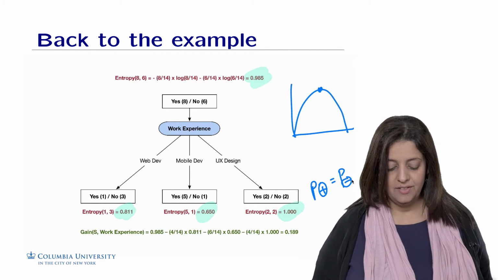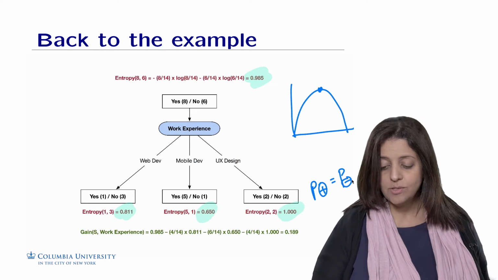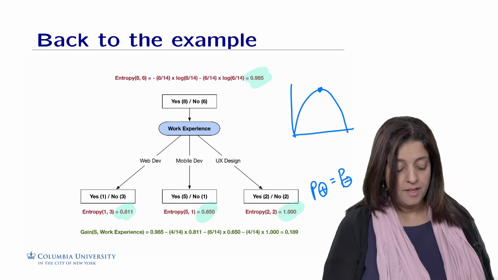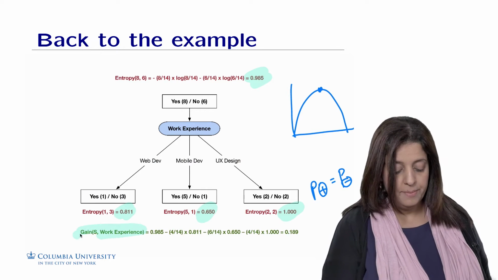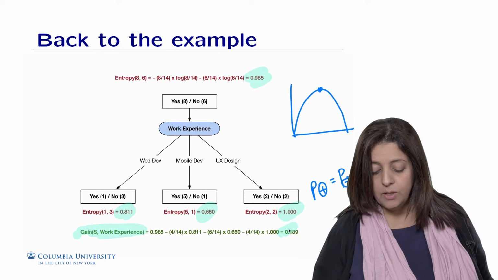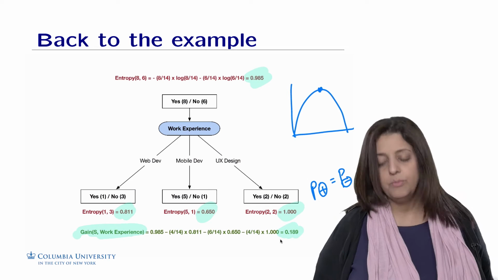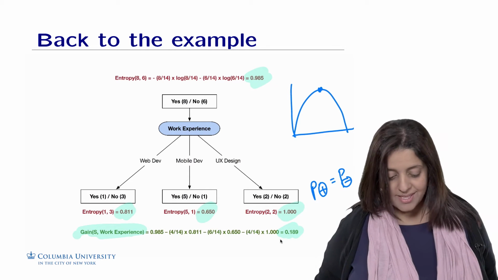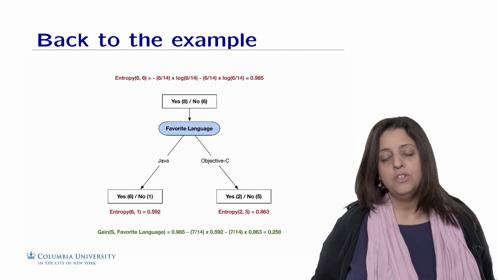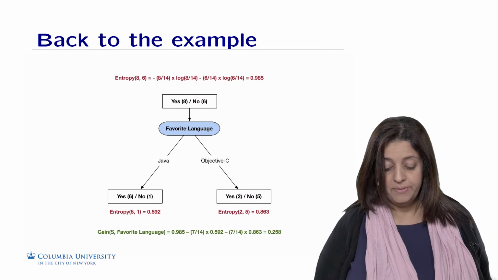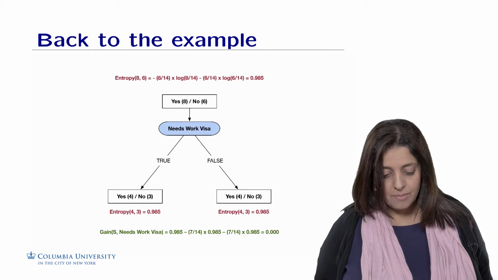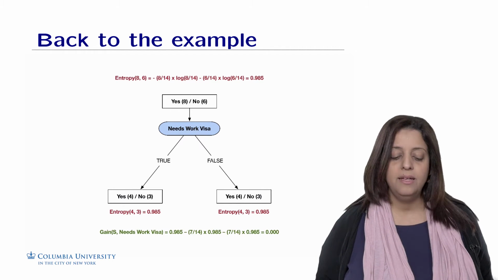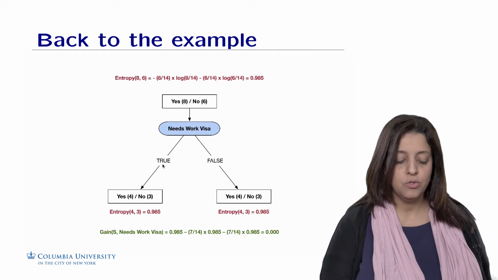Likewise, we calculate the gain at the root level for work experience, which in this case is 0.189. We do the same thing for the feature favorite language, and we obtain a gain of 0.258. And finally, we do a similar splitting by need work visa, which is either true or false.